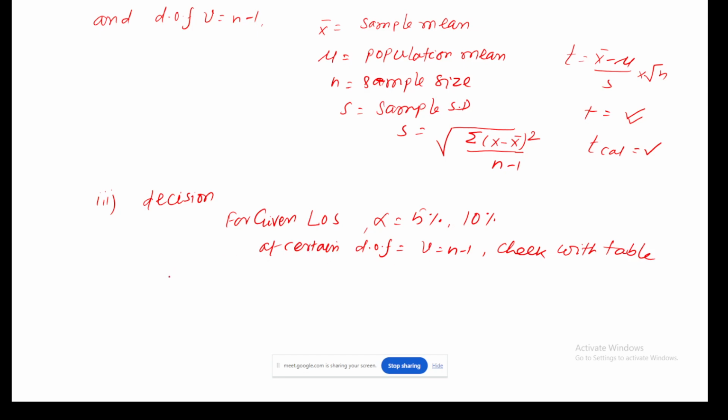Okay, if calculated t is greater than tabulated t, we have to reject the null hypothesis. Is it correct?